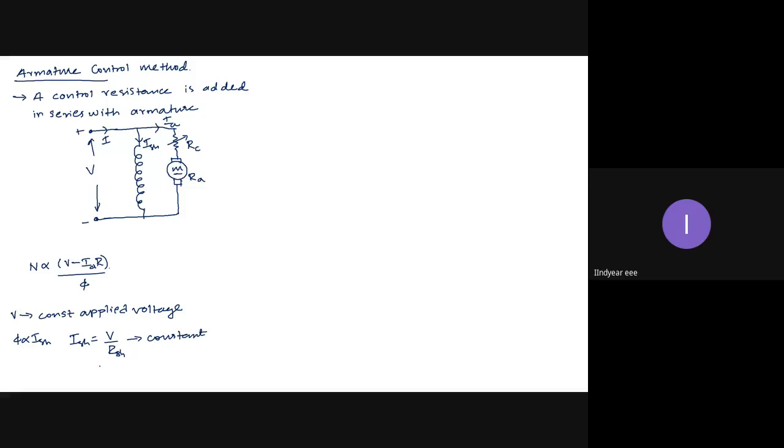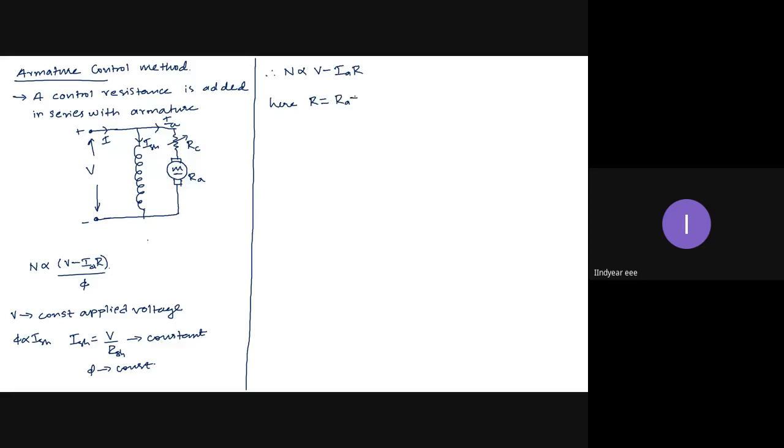So therefore flux is constant. Now here, therefore, N is proportional to V minus Ia into R. So here R is what?